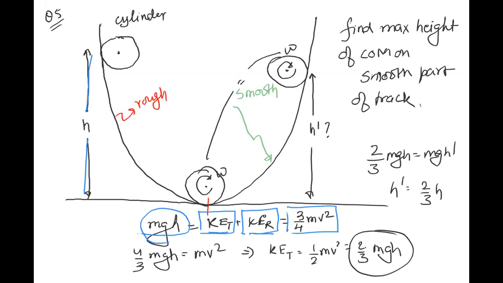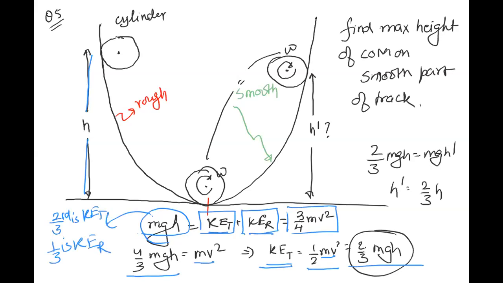Therefore, the value of mv square is equal to 4/3 mgh. Now I know that the kinetic energy of translation is given by half mv square, and I just put in the value of mv square in this, and I get 2/3 mgh. That means that out of this mgh, 2/3 is kinetic energy of translation, 1/3 is kinetic energy of rotation.